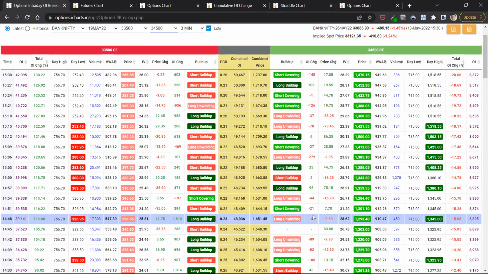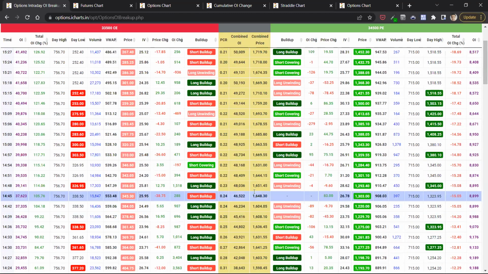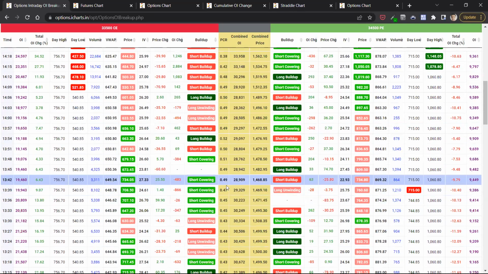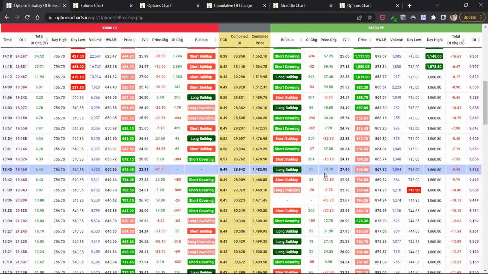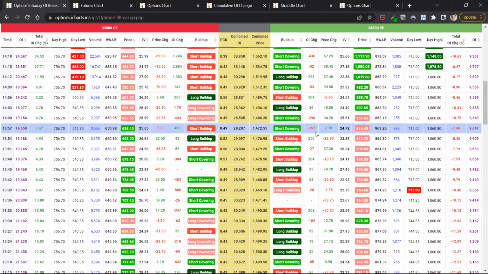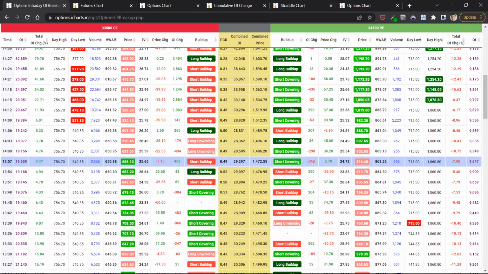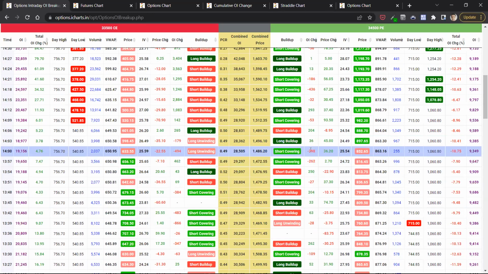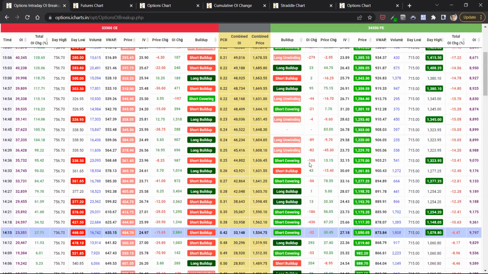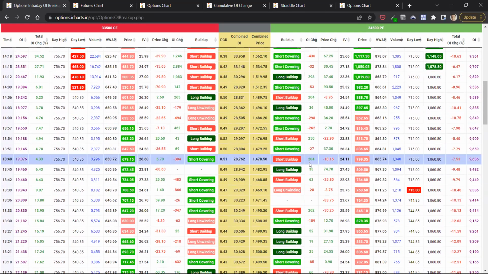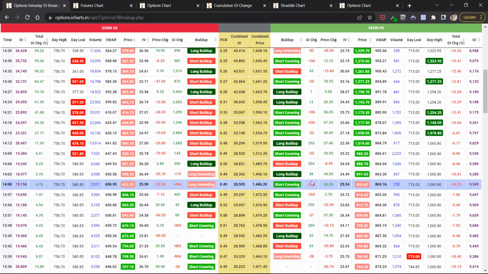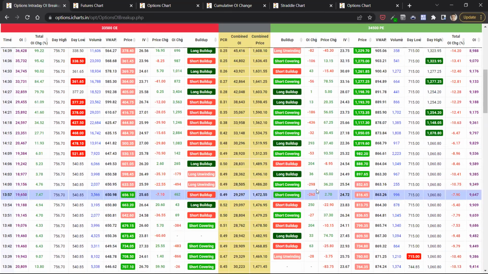Let us go around the same time over here. What I want to see is OI changes happening, unwinding. You'll have to monitor this for a while, because we don't know what numbers here are significant.